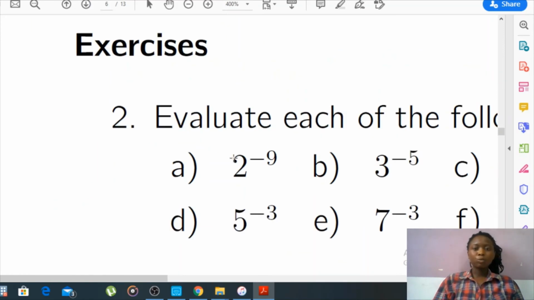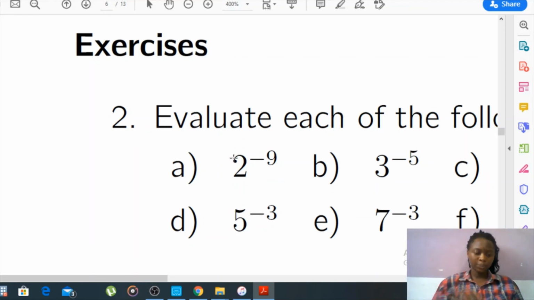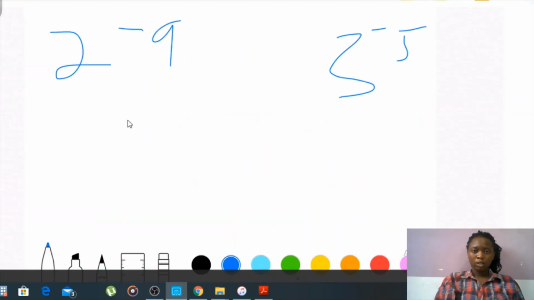The next one, we've been asked to evaluate the following negatives. We'll just take the first two: 2 exponents negative 9 and 3 exponents negative 5. So let's move on to our note sheet.